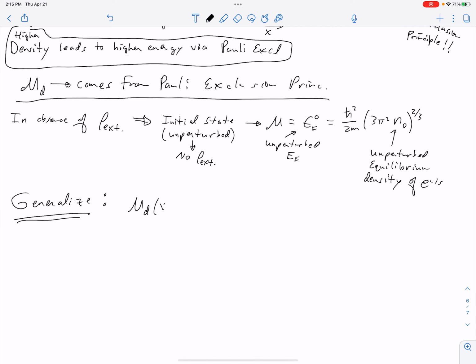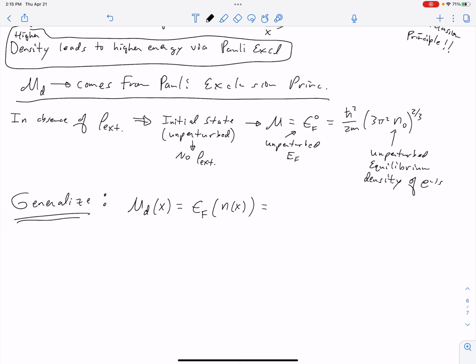which is position dependent, is equal to, and here it comes, this is the big assumption, the Fermi energy as a function of density changes in space. So the idea is that we know the unperturbed Fermi energy depends on the unperturbed density, like this formula that I wrote above.